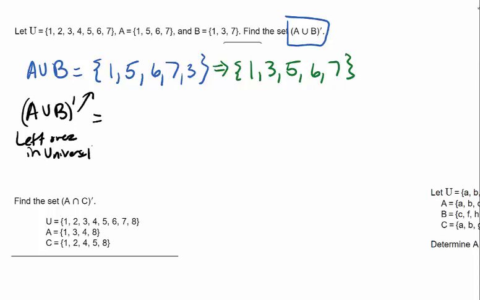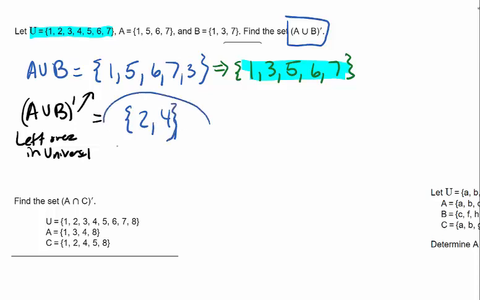So I'm looking at the universal set and comparing it to my answer, and I'm saying anything in the universal set that was not listed, really important, not listed. So 1 is listed, 2 is not, 3 is listed, 4 is not, 5, 6, 7. My answer here should be 2 and 4.